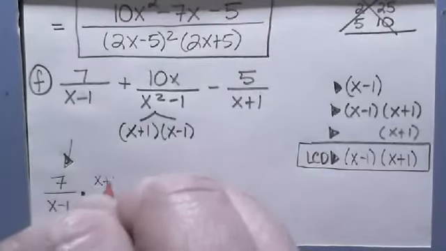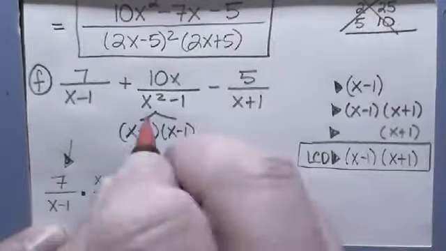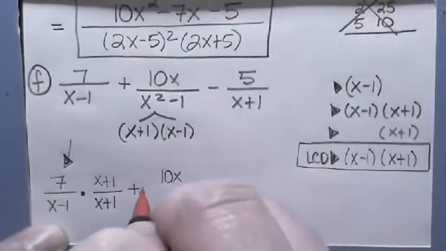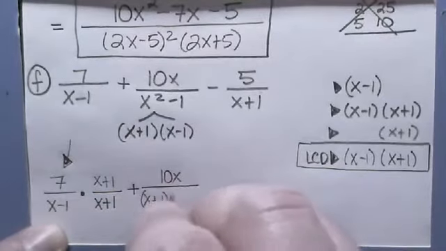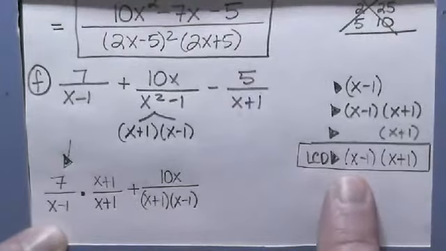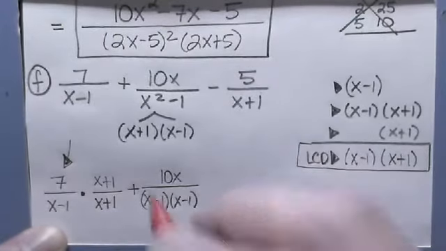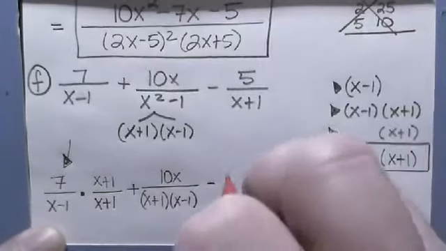I'm missing x plus 1 over x plus 1. Copy the second one. This would be 10x over x plus 1, x minus 1. Compare that with the LCD, and I notice I'm not missing anything. That's great. That means I don't have to multiply by anything. Just move on to the next one.